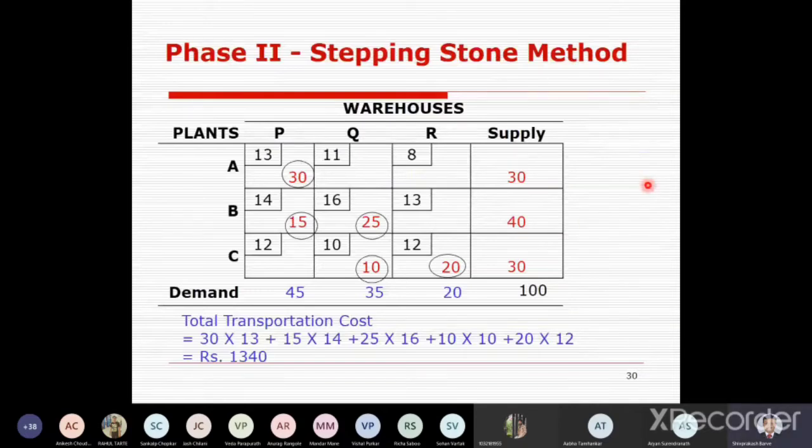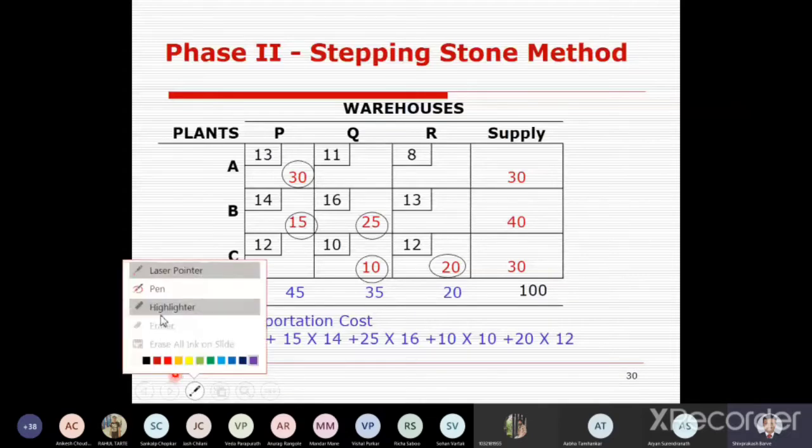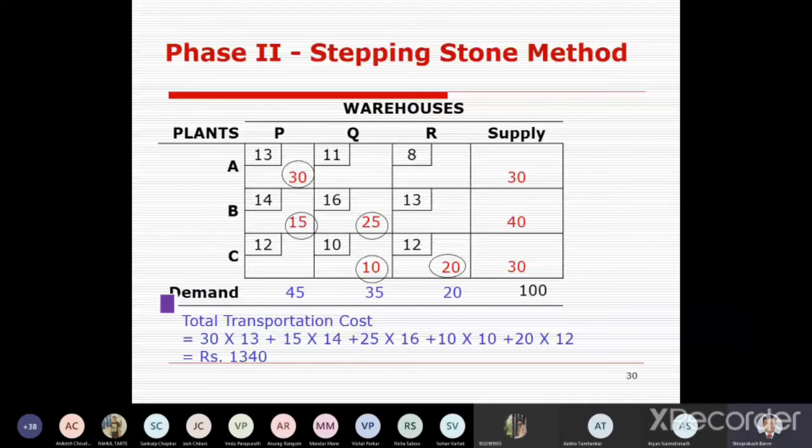So this solution I have taken is for the stepping stone method. Purposely I have taken the final solution of the northwest corner method, because if I use the solution from the least cost method or Vogel's approximation method, most of the time that will be the final answer.